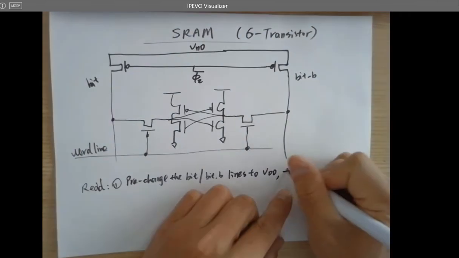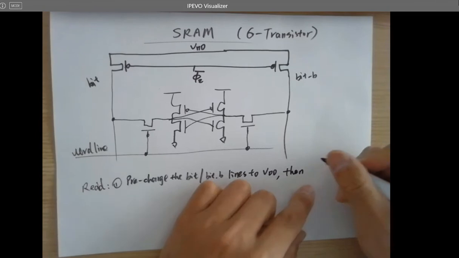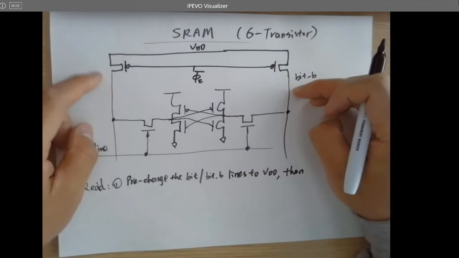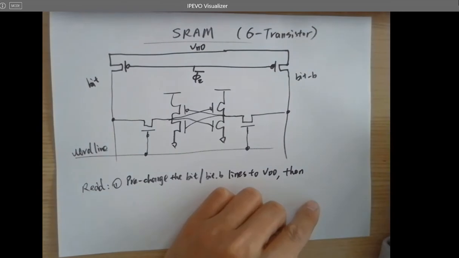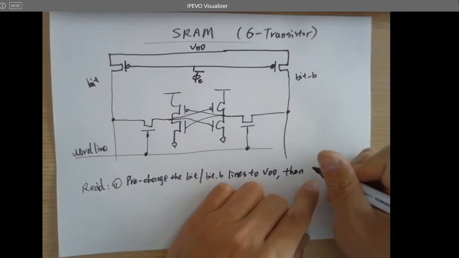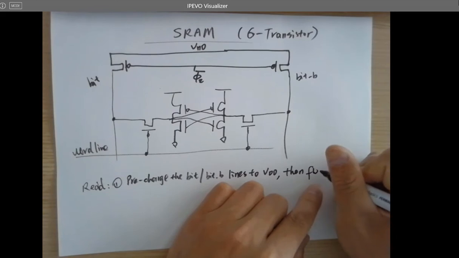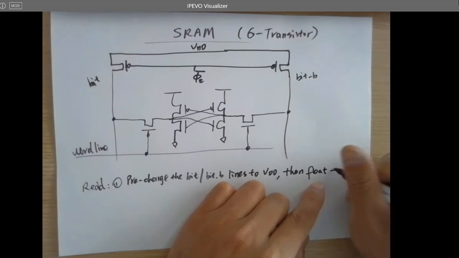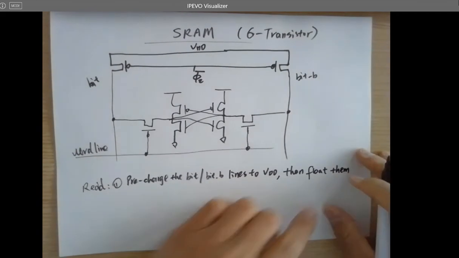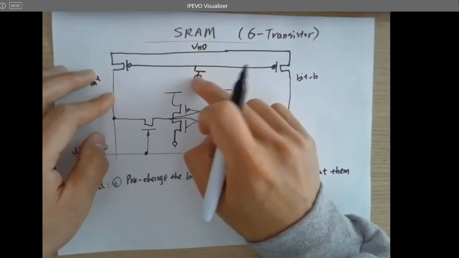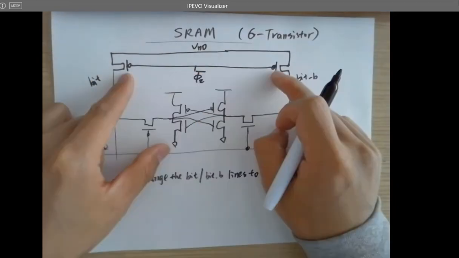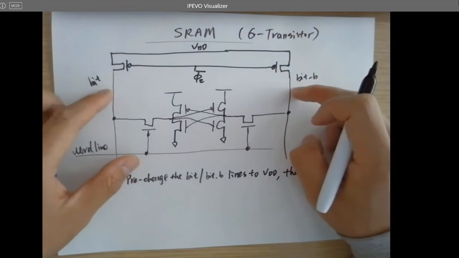And then what? After you charge these two lines to VDD, you float them. So I'm going to charge them up to VDD, and then shut these two PMOSes off, so you can float these two lines.